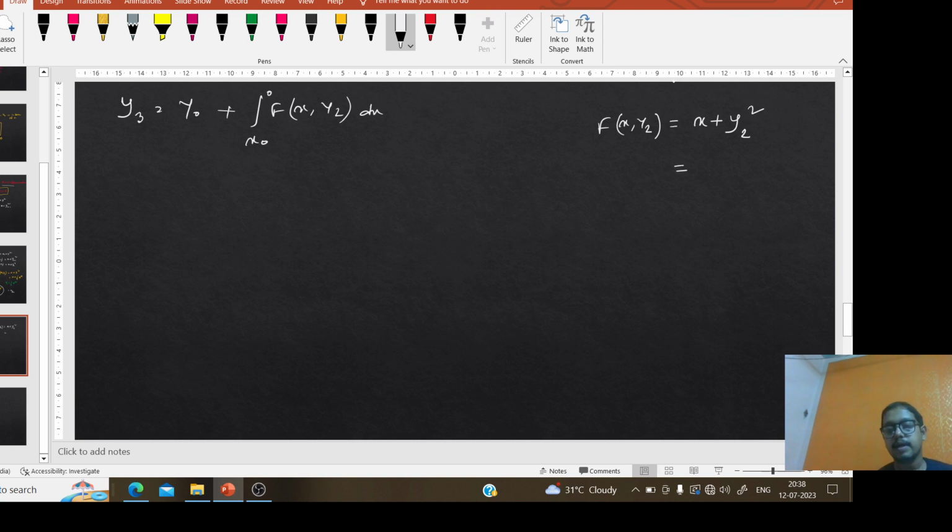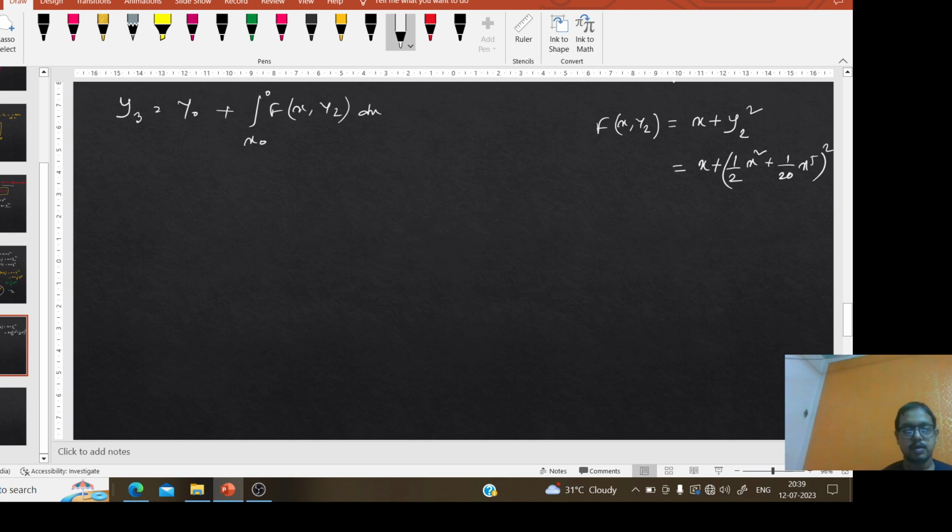What is the value of y2? That is half x square plus 1 by 20 x to the power 5, whole square. So now to find the solution, y0 is 0, x0 is 0, integral from 0 to x of x plus half x square plus 1 by 20 x to the power 5, all square dx.